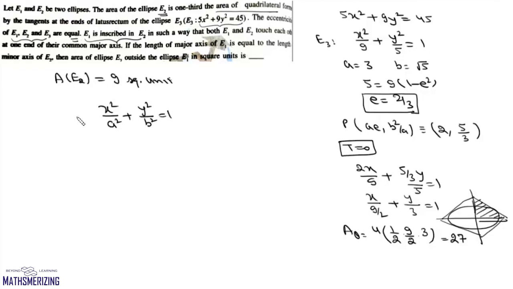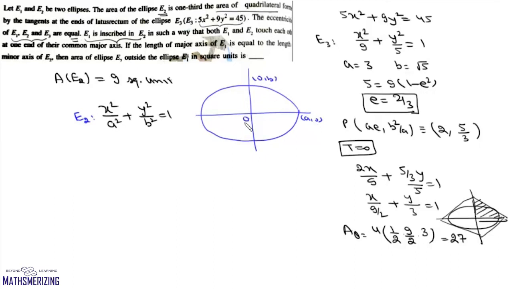So now we have our ellipse E2, whose equation is x square upon a square plus y square upon b square equals 1. We'll draw this ellipse. This is a comma 0, 0 comma b, and center at origin.